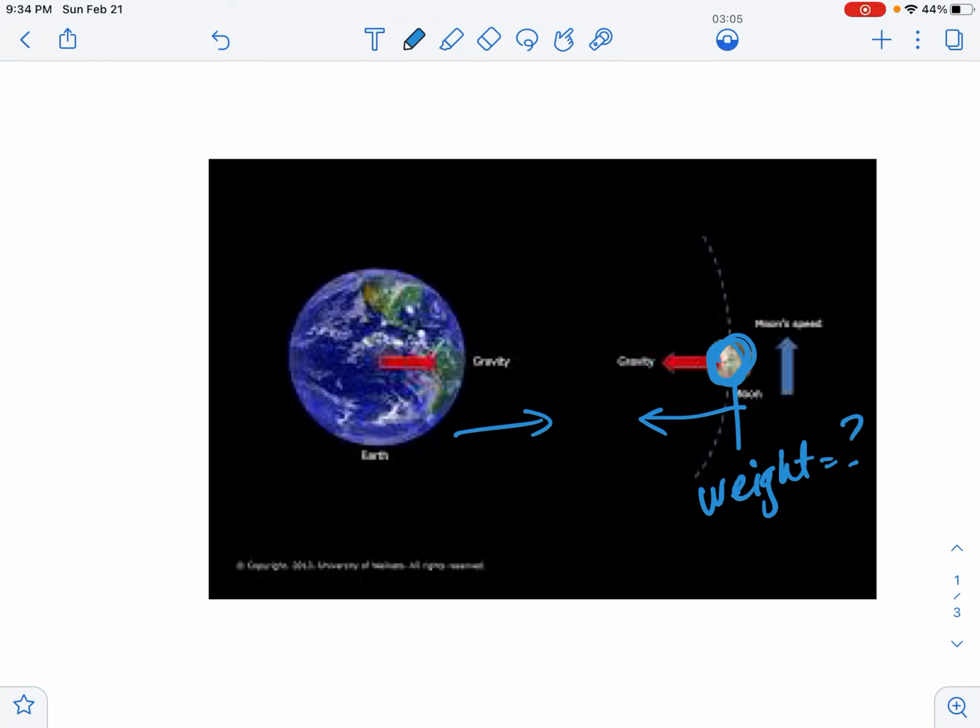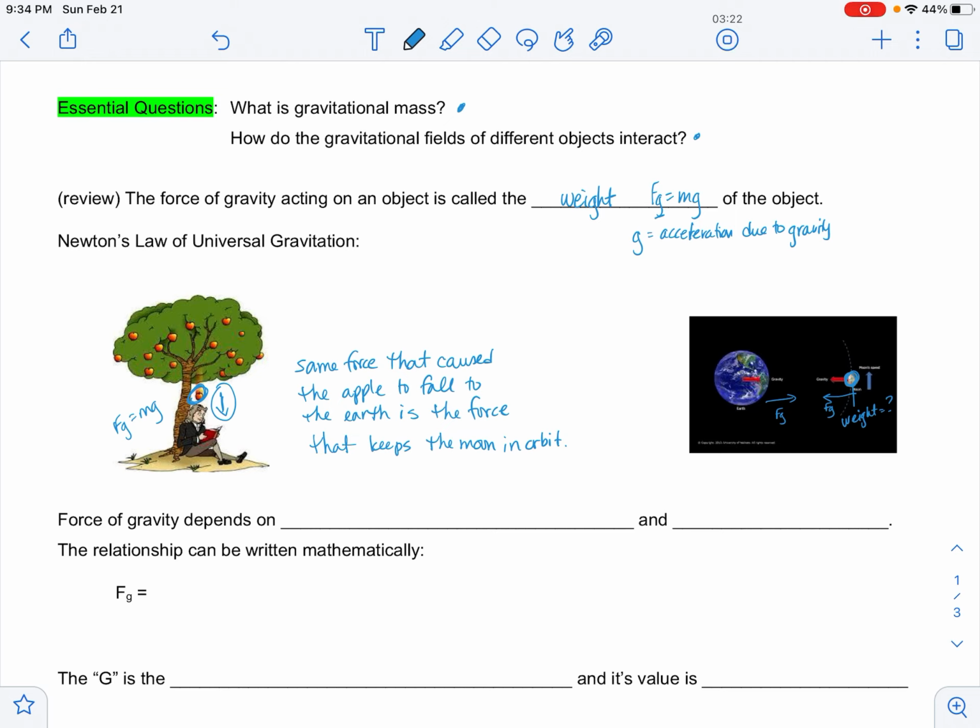We can, however, figure out how strong the gravitational force is between the earth and the moon if we know the masses of both objects. So this is what we're going to talk about today: how do we figure out the force of gravity between two really large objects? Not a small object like an apple that's on the earth, but a really big object like a planet or a moon.